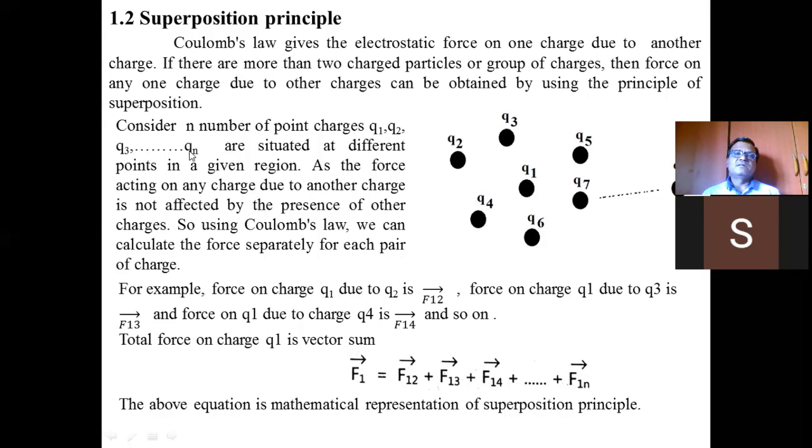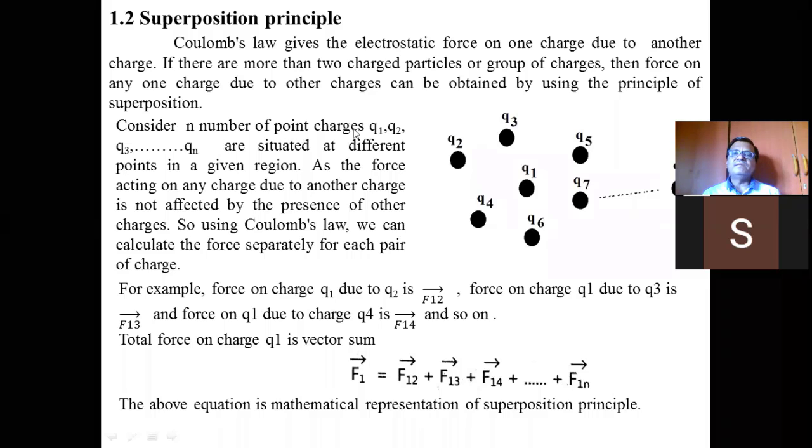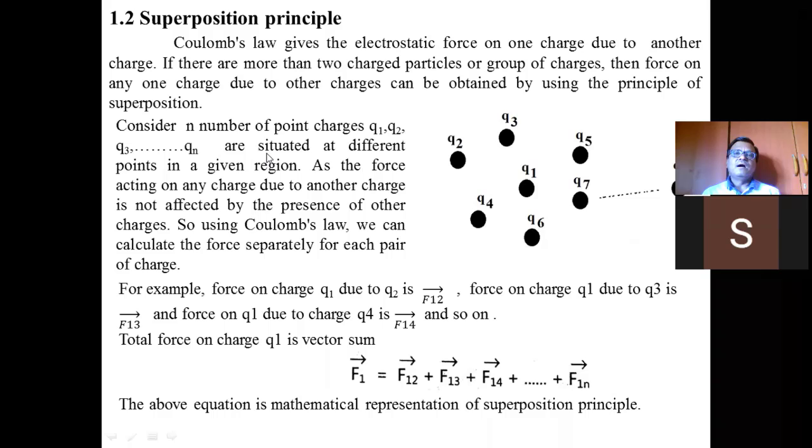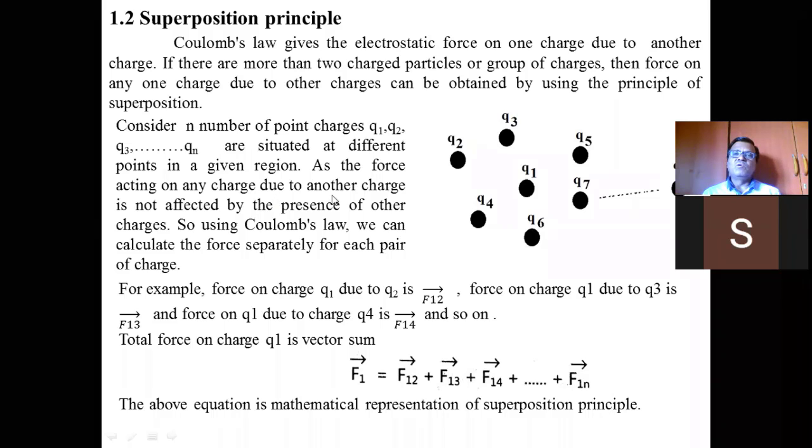For this purpose, consider n number of point charges q1, q2, q3, q4 up to qn situated at different points in a given region. As the force acting on any charge due to all other remaining charges is not affected by the presence of other charges, using Coulomb's law, we can calculate force separately for each pair of charges.